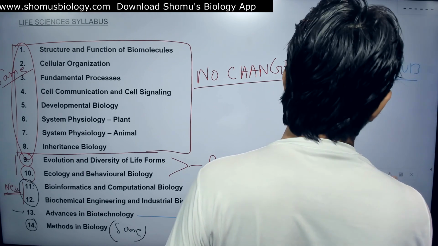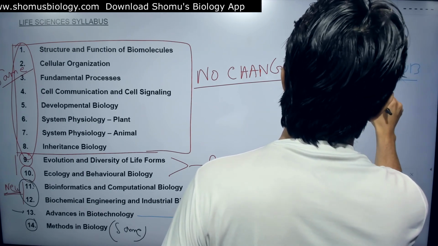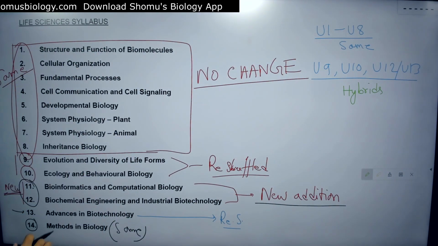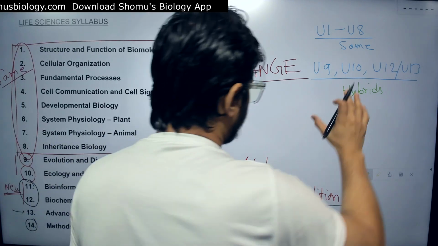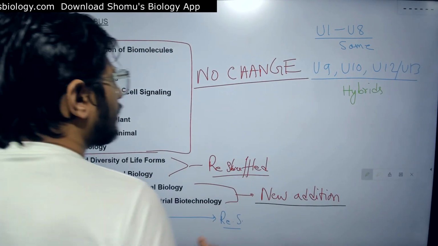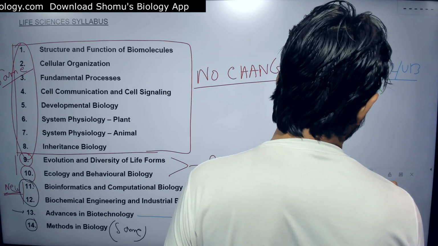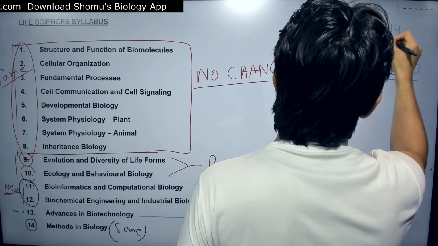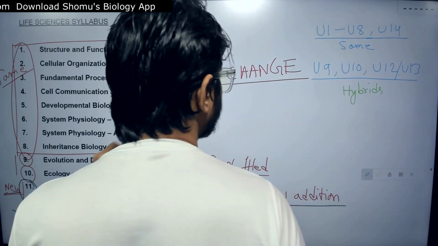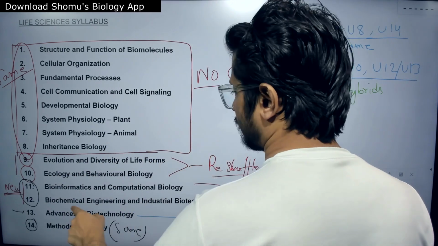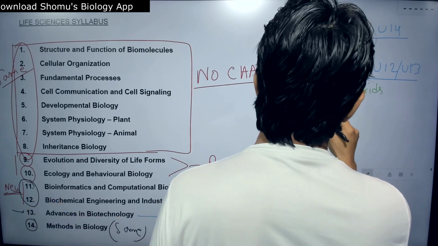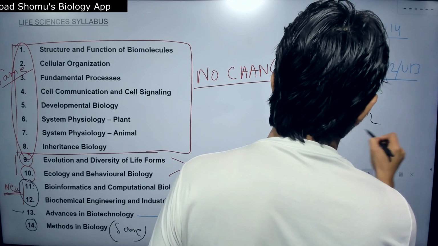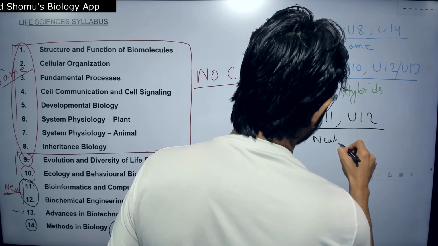These are hybrids, meaning some portion from existing units and some portion from the new units has been added. And the last unit, unit 14 of the new syllabus, is the same. Completely newly added syllabus is unit 11 and unit 12.